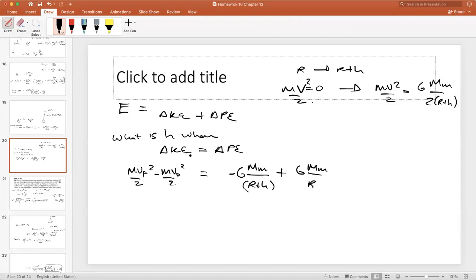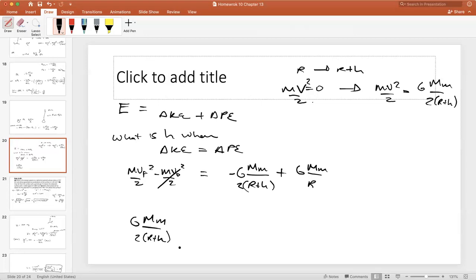Therefore, remembering that this is 0, we get mv final squared over 2, but remember that that's equal to GMm over 2 times R plus H, and I'm sorry, there's a 2 here, right?